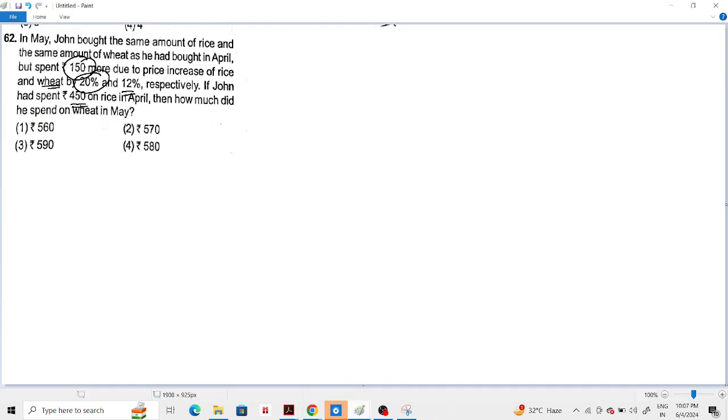You see, it is given that John had spent rupees 450 on rice in April. And it is given that the price of rice has increased by 20%, right? So in April, I'm just doing it in a much more elaborated manner, just for understanding.